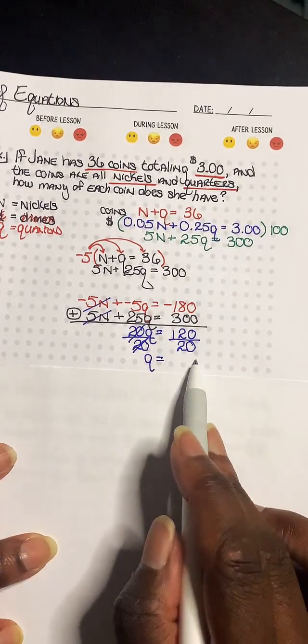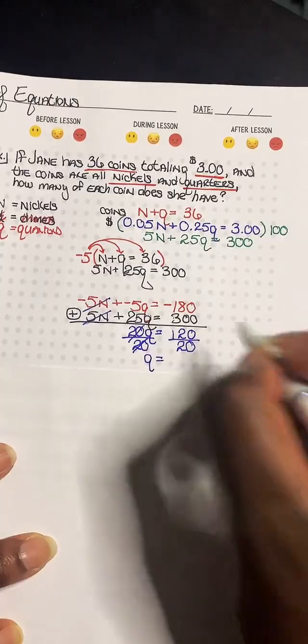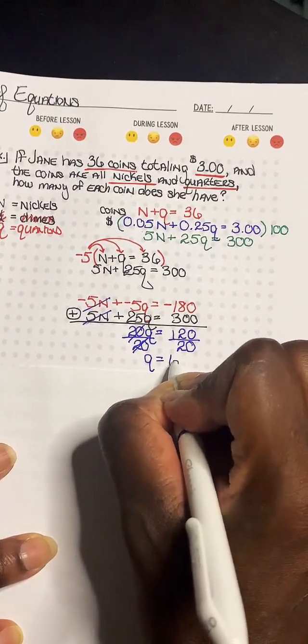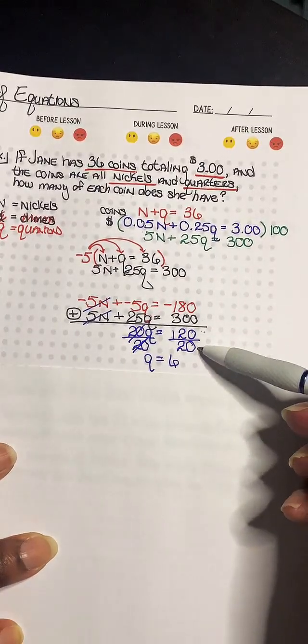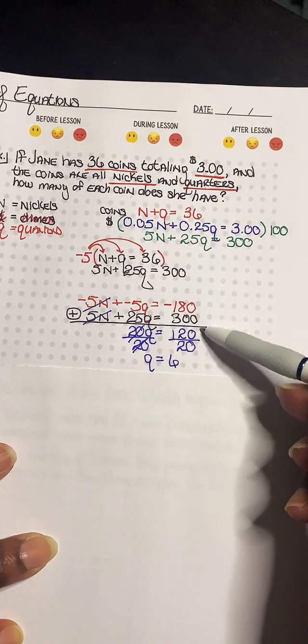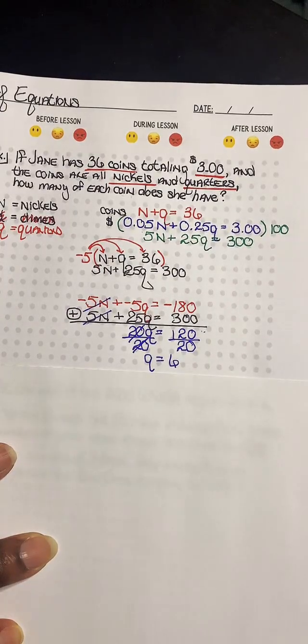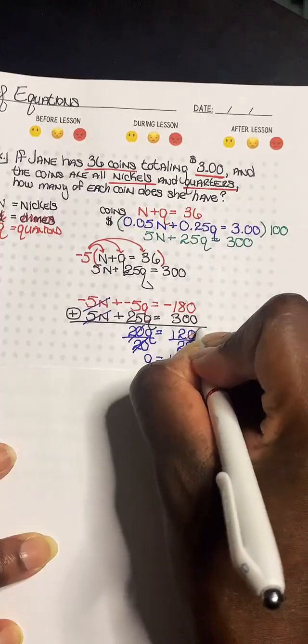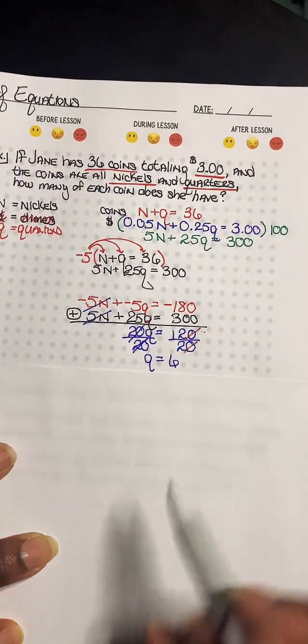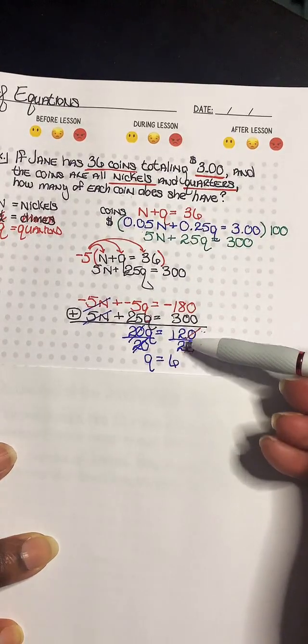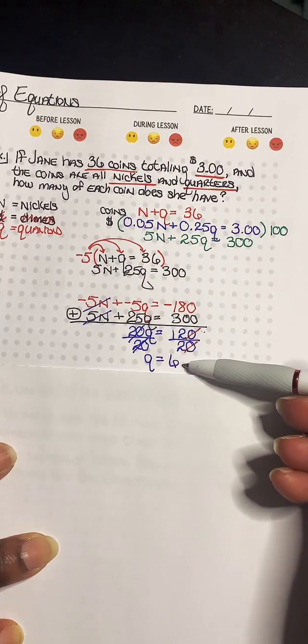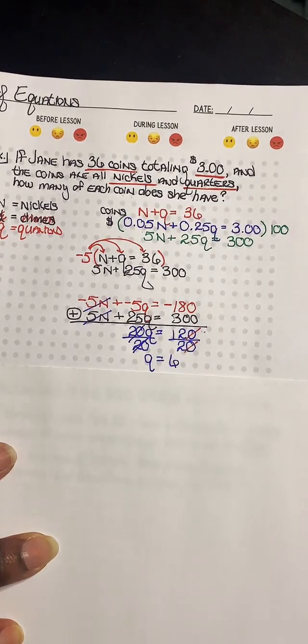And then 120 divided by 20, there you go. That will give me 6. Now, if you don't want to deal with the large numbers, both of them end in 0. So since they both end in 0, you can cancel out the 0 at the end and just focus on 12 divided by 2, which will give me 6.